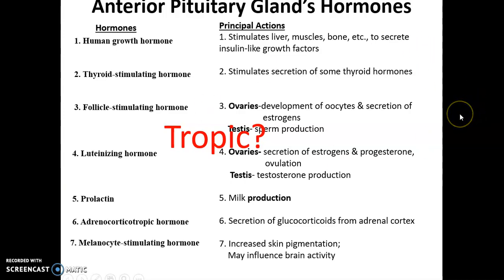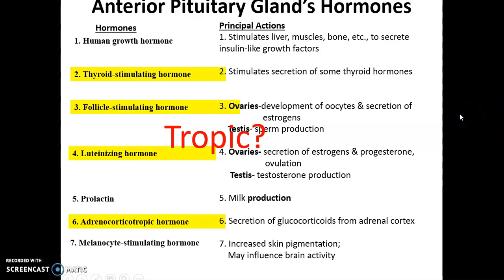It turns out the answer is these four. These four hormones are tropic hormones. Thyroid stimulating hormone causes the thyroid gland to produce hormones. Tropic hormone. Follicle stimulating hormone can cause the ovaries to produce estrogen. So tropic hormone. Luteinizing hormone can cause the ovaries to produce estrogen and progesterone, and the testes to produce testosterone.